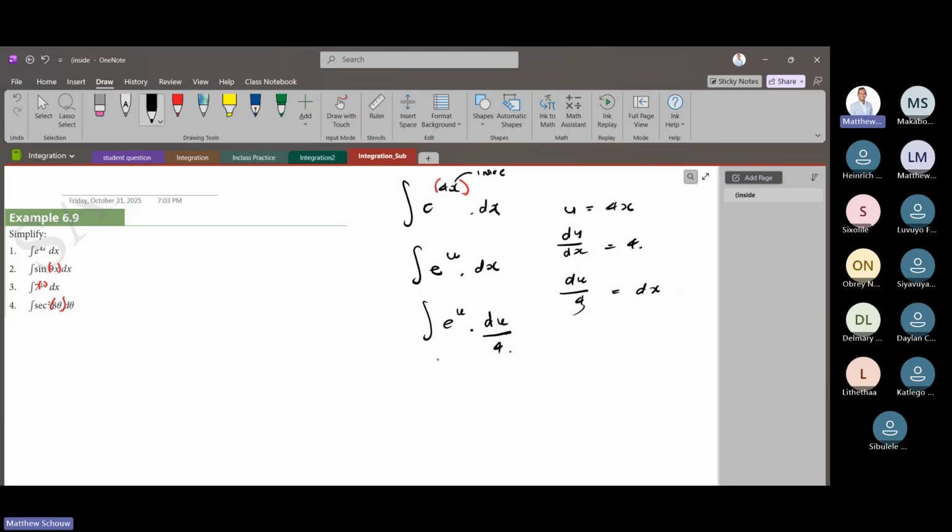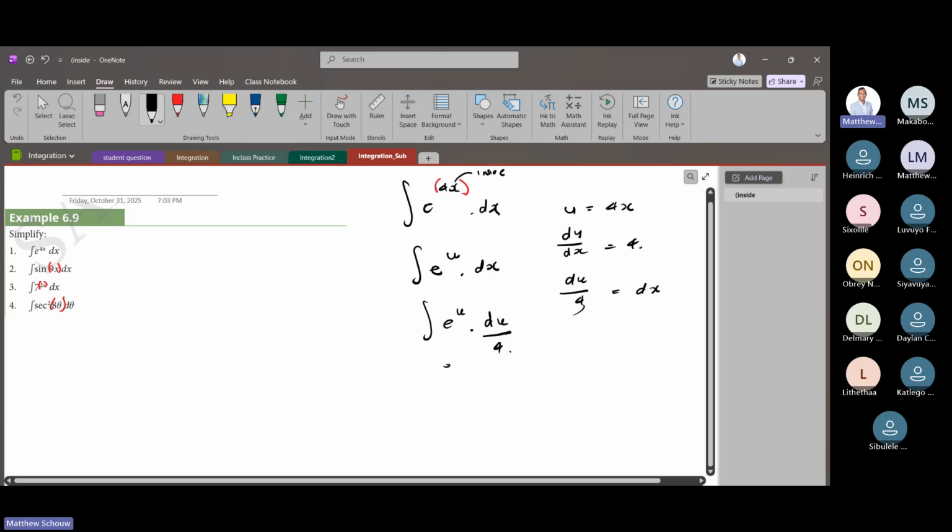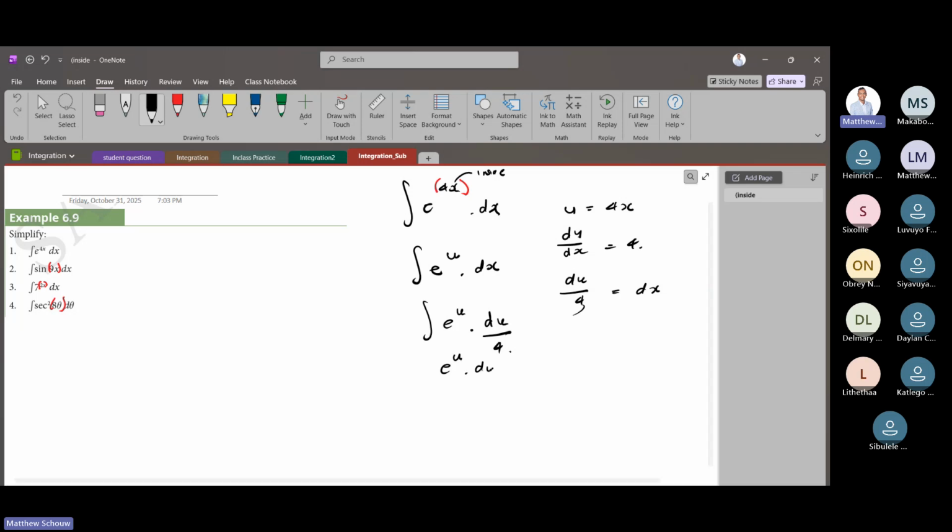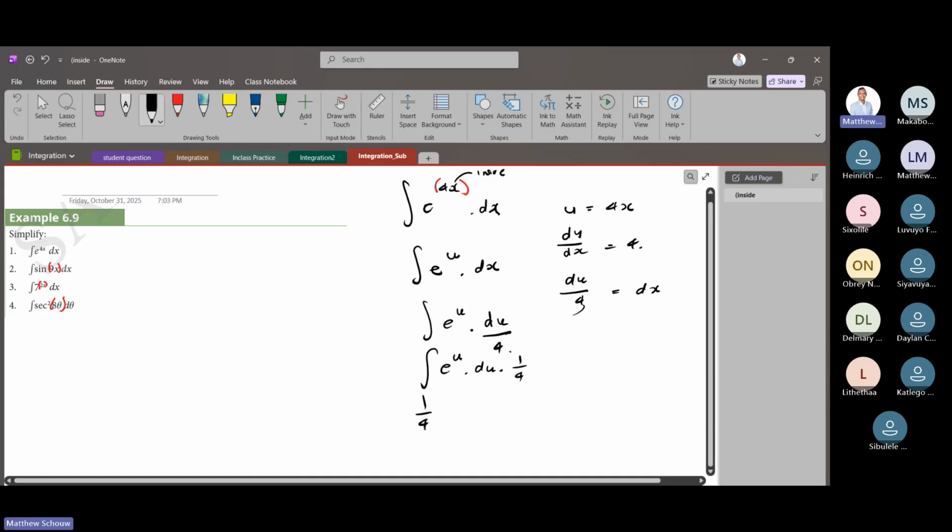Now we split this even further. So it's e to the power u times du times 1 over 4. You guys agree with me here? You can't take the 4 up, it's below. It's 1 over 4, a quarter, 0.25.